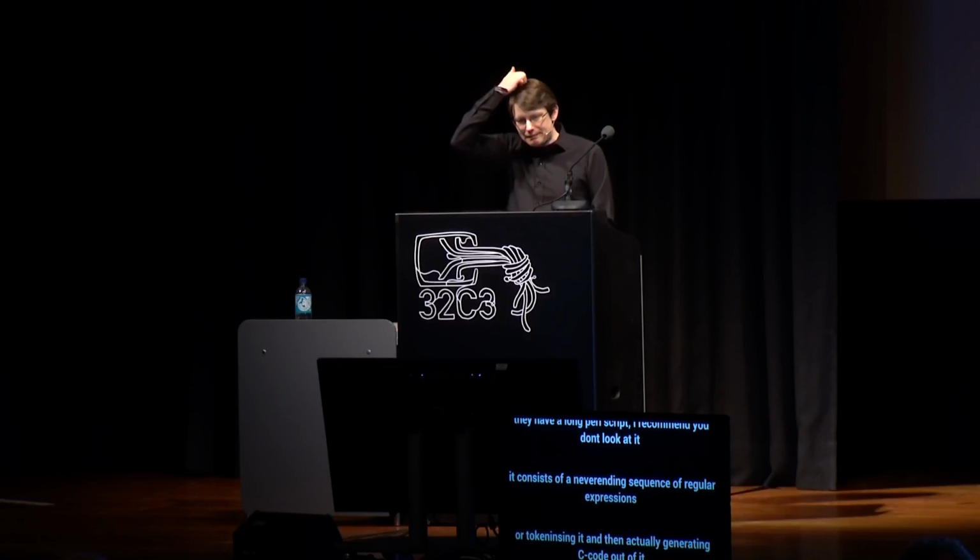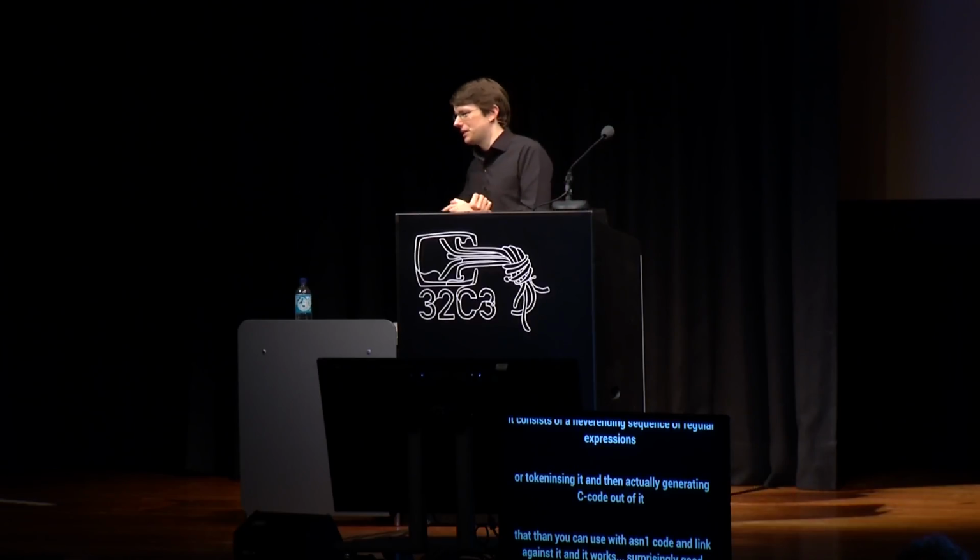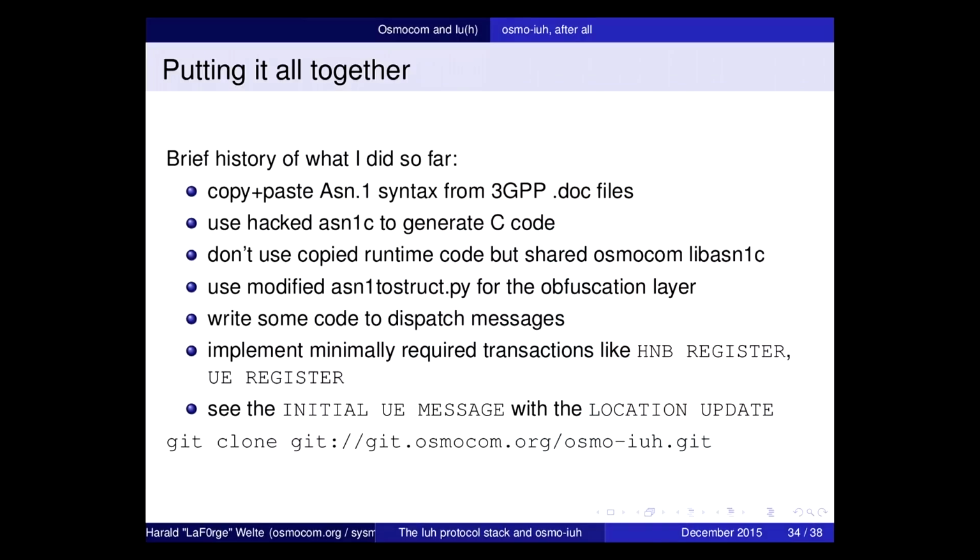Now, putting the things together: copy and paste the ASN1 syntax from the 3GPP .doc files, because 3GPP specs are published as PDF files and as Word documents, and you don't get the actual syntax as a text file. You have to copy and paste from each page, and make sure you don't get intermixed things like headlines. Then you use the hacked up patched ASN1C to generate C code.